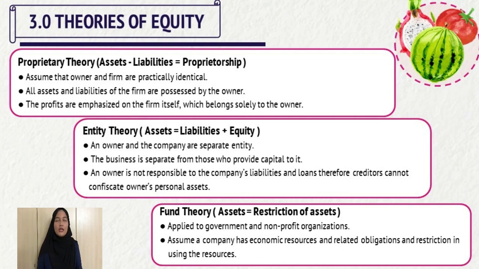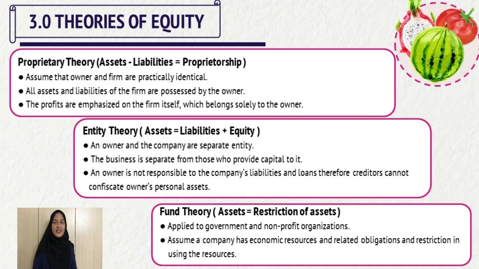Revenue will increase the owner's net interest, while expenses will reduce the owner's net interest. Thus, all profit and loss become the property of the owner. The accounting equation for this theory is assets minus liabilities, which gives equity that is equal to proprietorship.